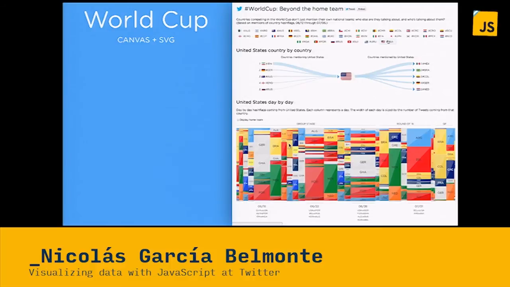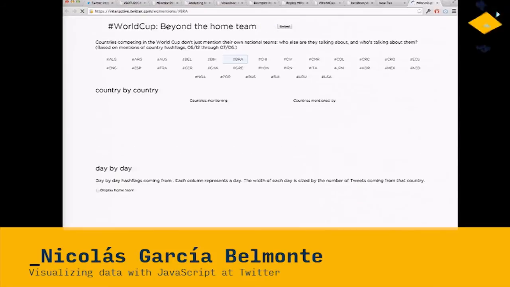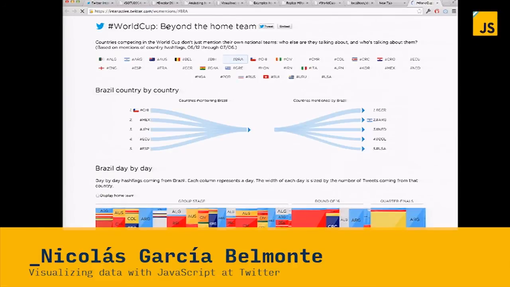So if you put hashtag ARG, you'd see the Argentina flag. So we used the hash flags. We know that, for example, Argentina will use a lot of the Argentina hash flag, right? But what is the second most mentioned country by people in Argentina? Or what is the second most mentioned country by France or by the US and so on? And so we started analyzing that to see interesting relationships between these countries.